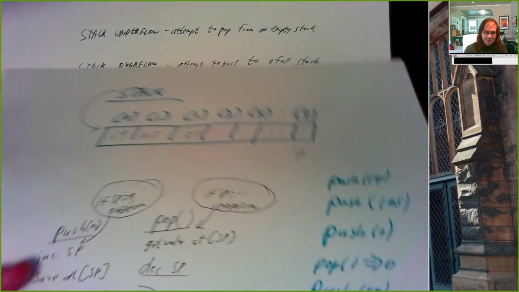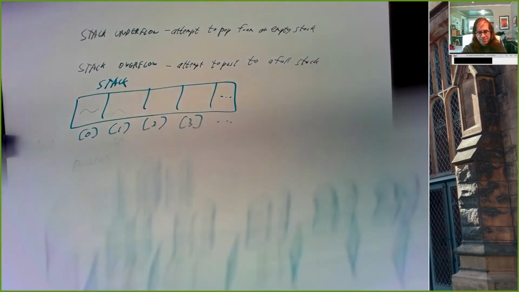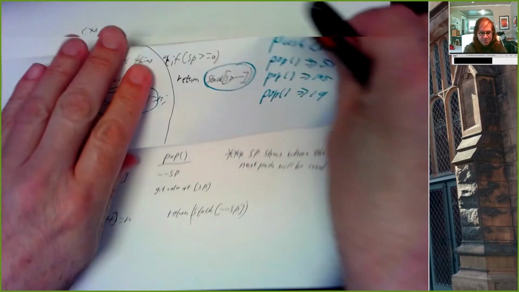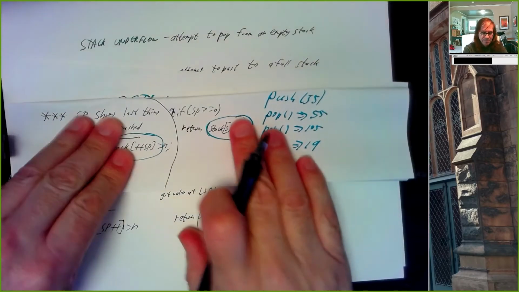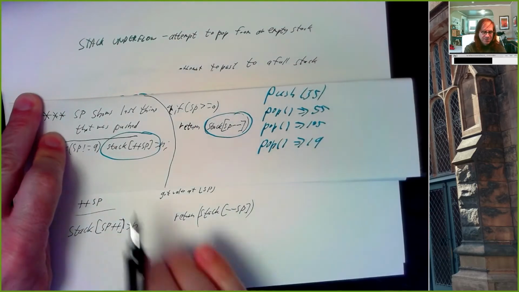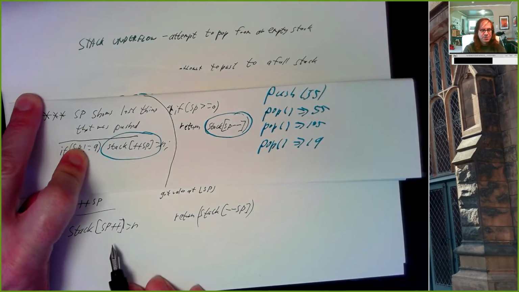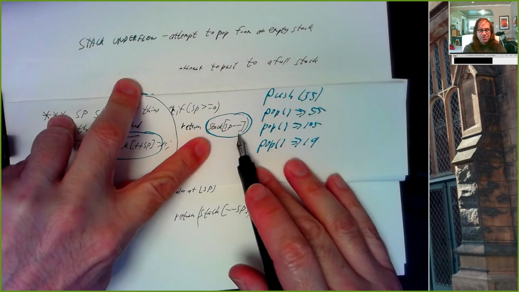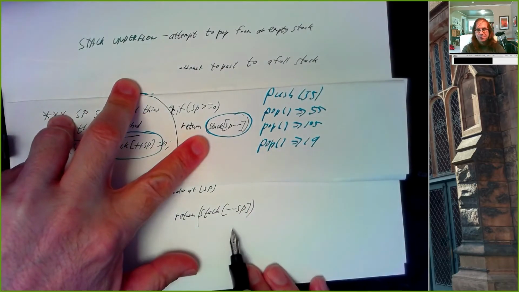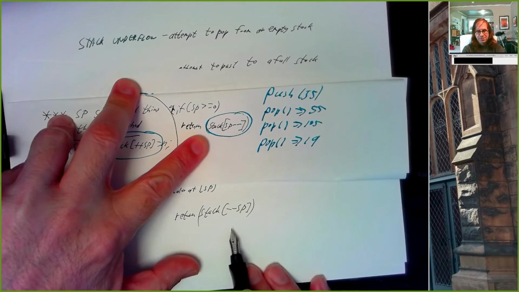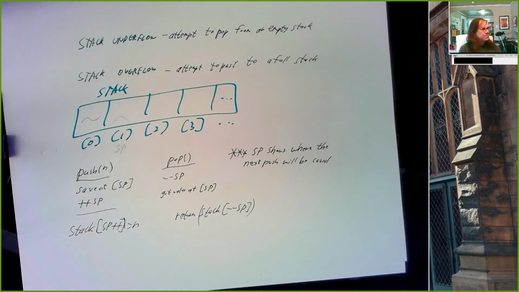And it's analogous to what we were doing before, except here we were doing a pre-increment on a push, here we're doing a post-increment on a push. Here we were doing a post-decrement on a pop, here we're doing a pre-decrement. So there's symmetry. Symmetry is nice.